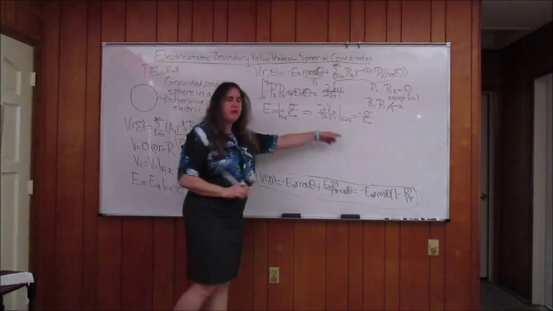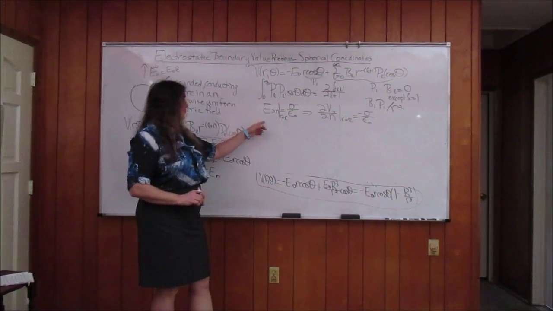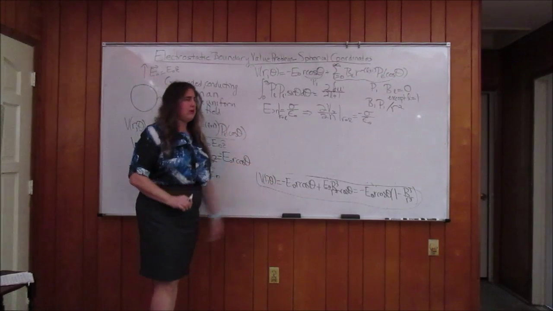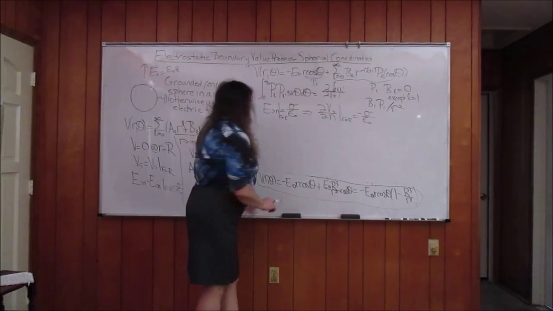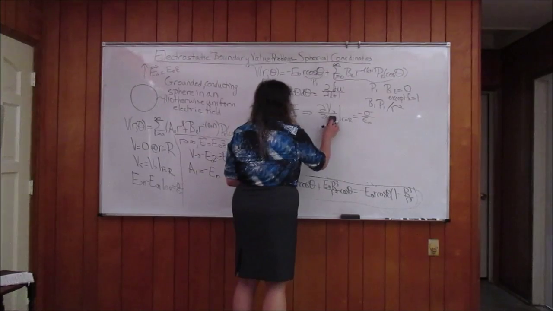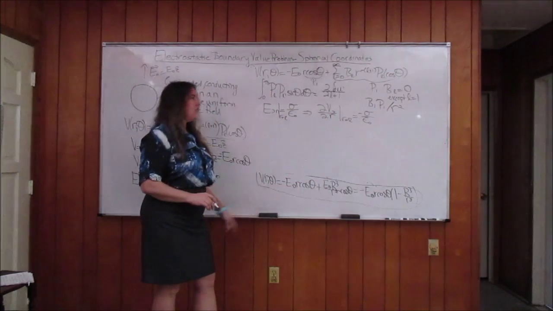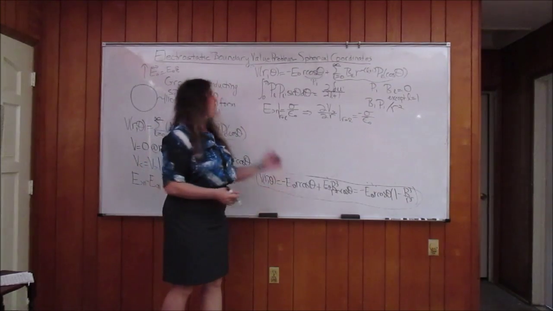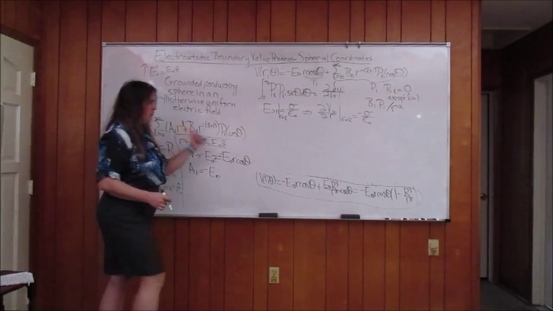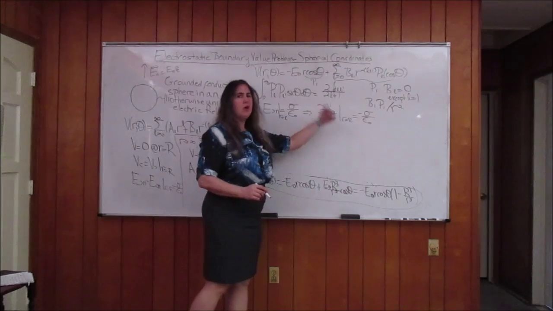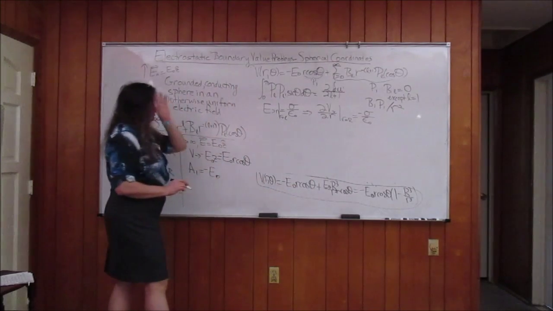Now remember, you get a minus sign here because the electric field is equal to minus the gradient of the potential. And furthermore, rather than writing partial derivative with respect to the normal, I just recognize the normal in this case is pointing in the radial direction, so I'm just taking the partial derivative with respect to r.